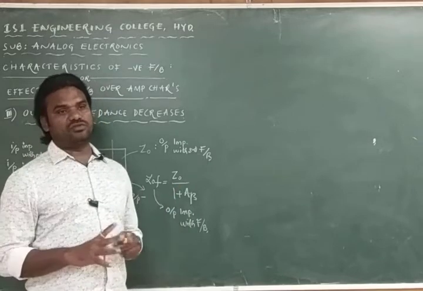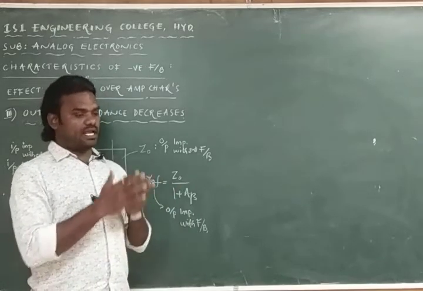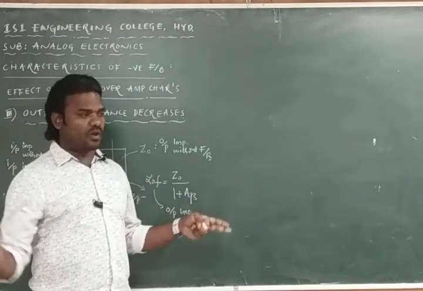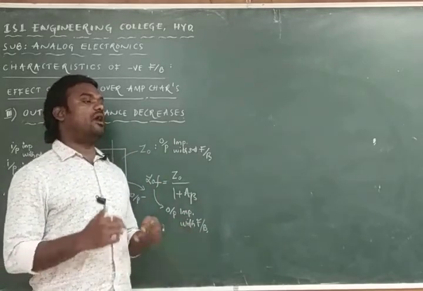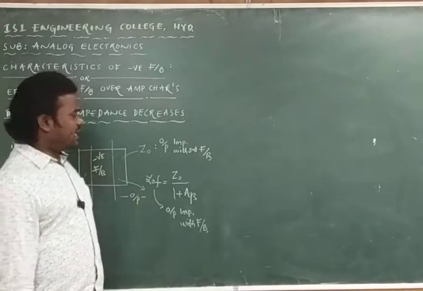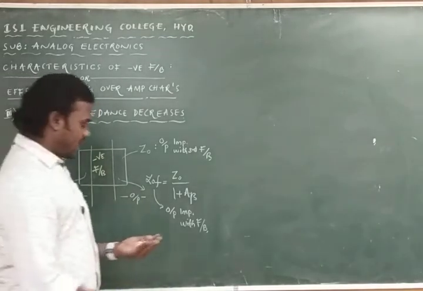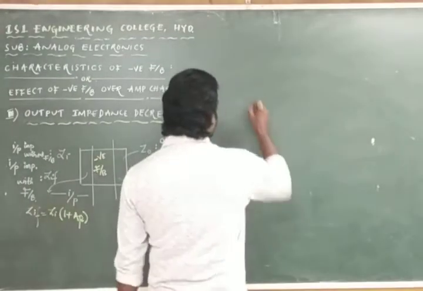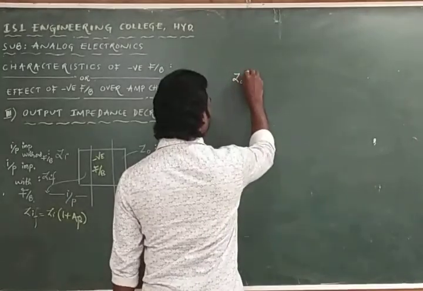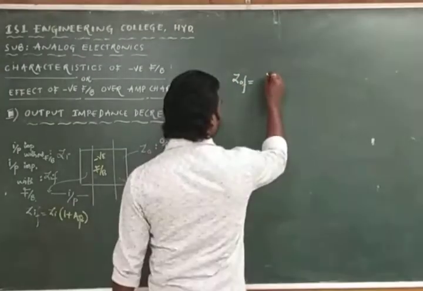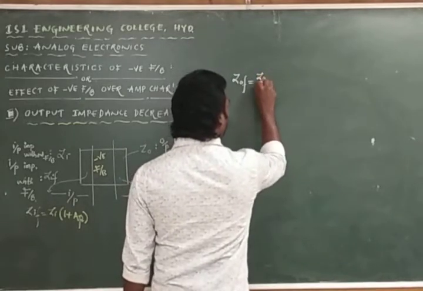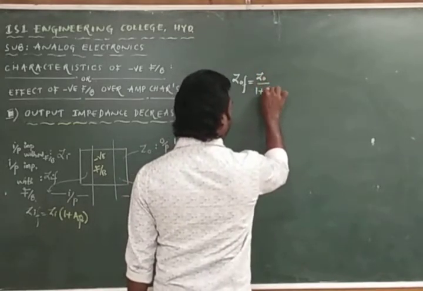That is the point you should remember. Input impedance increases if we employ negative feedback; output impedance decreases. So I can write ZOF equals ZO by 1 plus A beta.